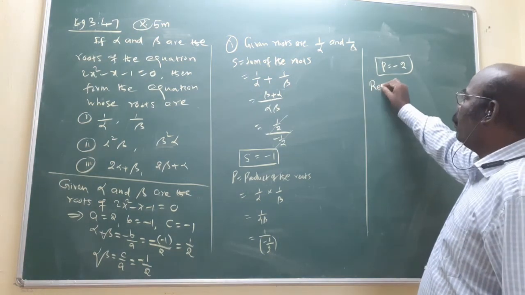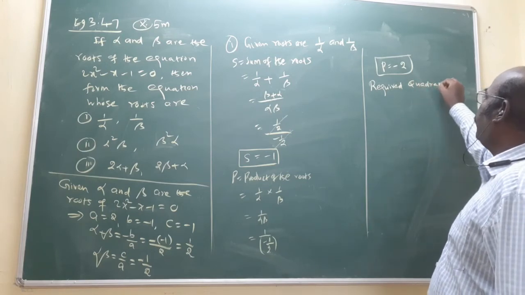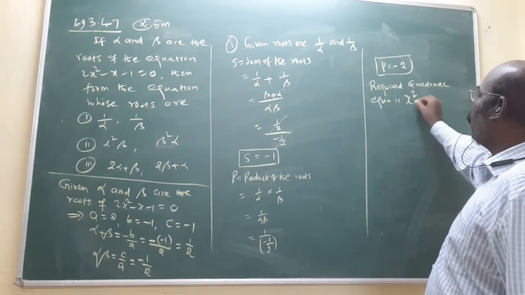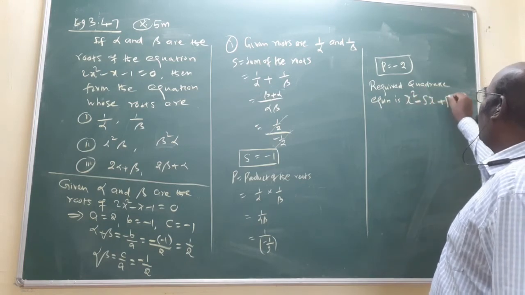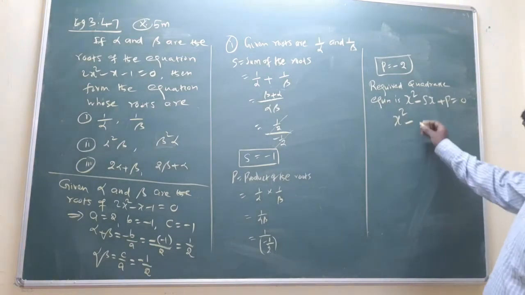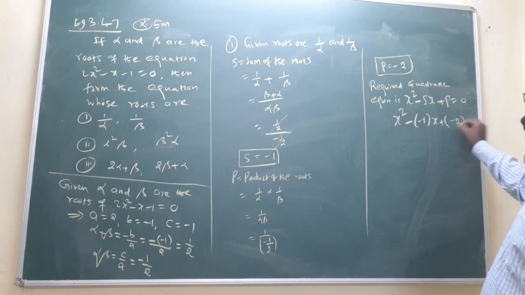Therefore, the equation asked is the quadratic equation. Equation is what? The formula: X square minus Sx plus P equal to 0. X square minus S, which is minus 1, into X, plus P, which is minus 2, equal to 0.